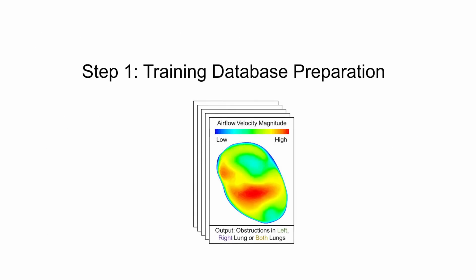Of course, for this kind of training and testing, the first step is always the preparation of the training and testing database. For this study, the database consists of airflow velocity magnitude contours with different obstruction locations, and all those contours were taken at a designated cross-section in the trachea.